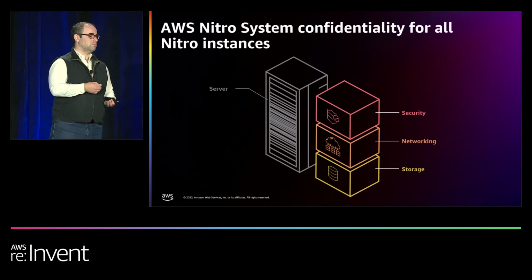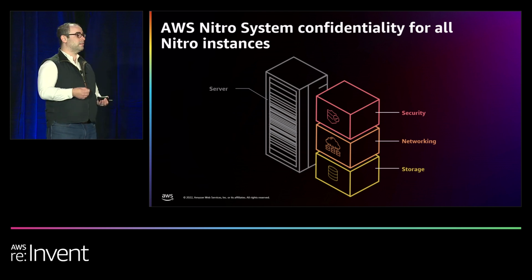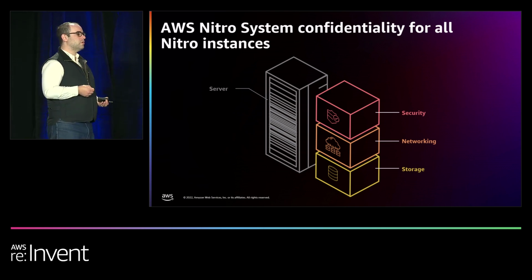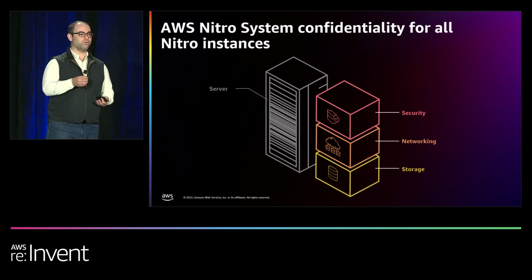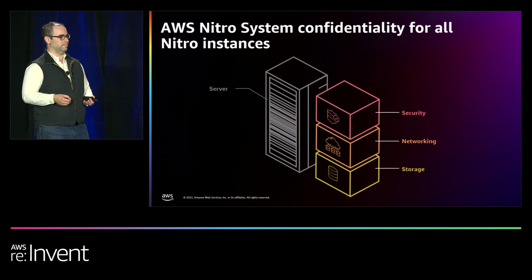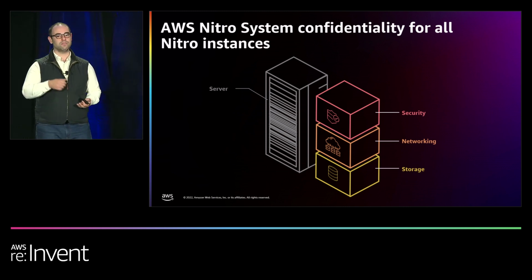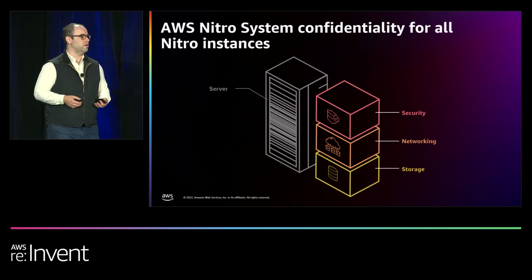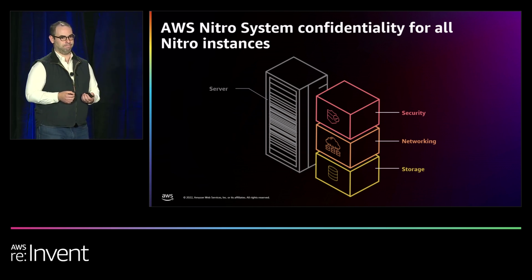On the server, with the hypervisor, there is no interactive access capability whatsoever. The server communicates exclusively with the outside world of the EC2 control plane through the Nitro cards. Right? There's no SSH server, there's no network connection, there's no file system. There is no way for an operator to directly access this environment.